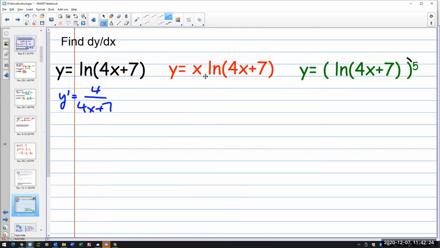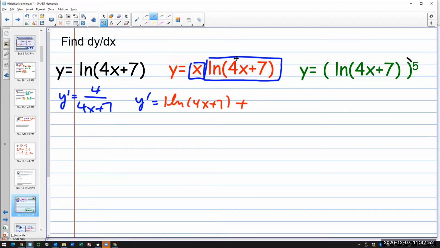This one in the red, which I think is on the back of your page, do you see that there are actually two x expressions here? When I have to take the derivative with two x expressions, what do I have to implement? Product rule, exactly. So this is going to be the derivative of the first times the second plus the derivative of the second.